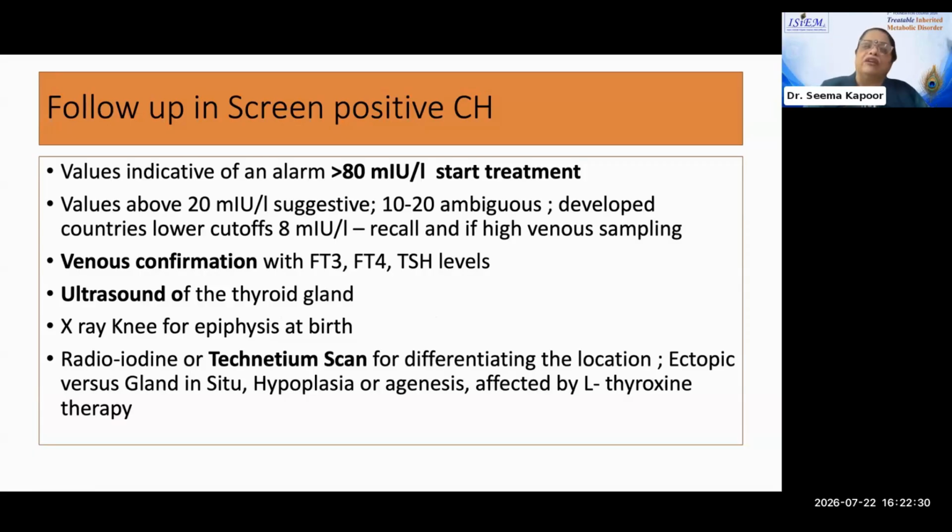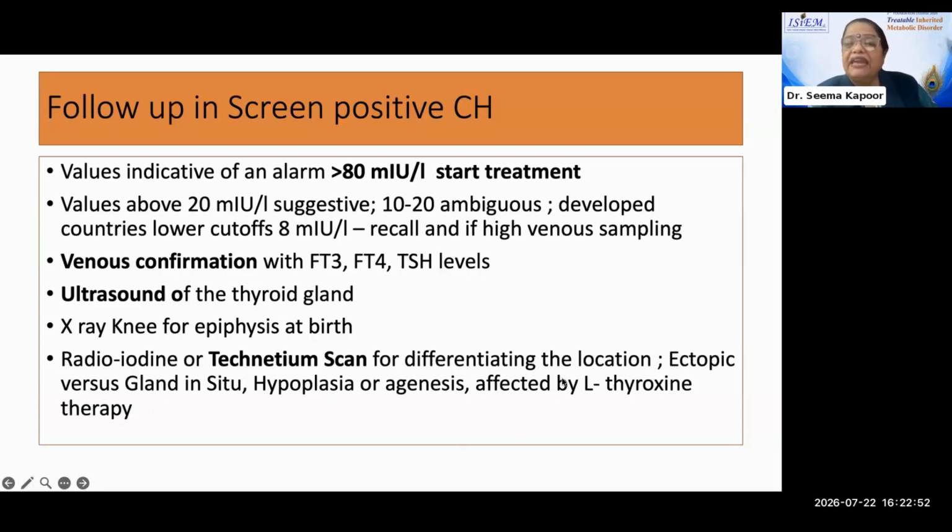Now, suppose there is no gland. You have to rely upon radioiodine or technetium scan to differentiate whether it is an agenetic gland, it is a hypoplastic gland, it is an ectopic gland, or if there is a good gland sitting there. That means there is a gland in situ.